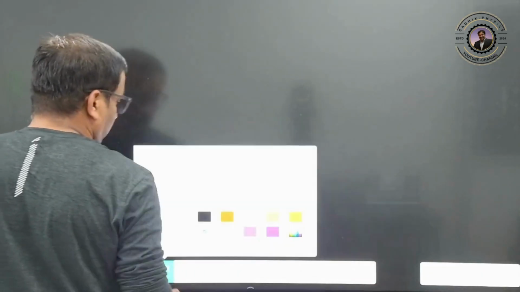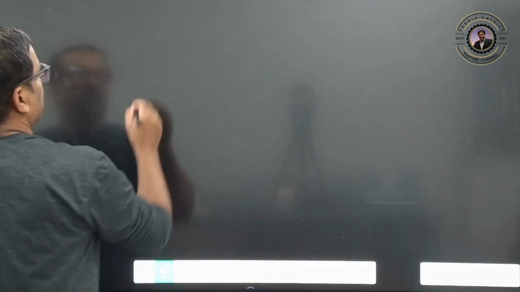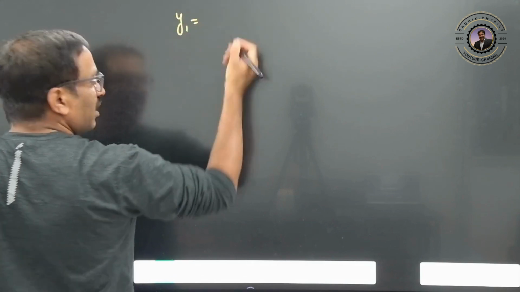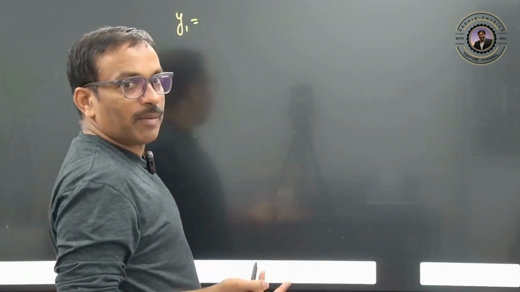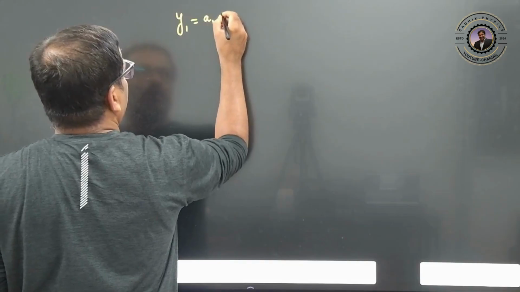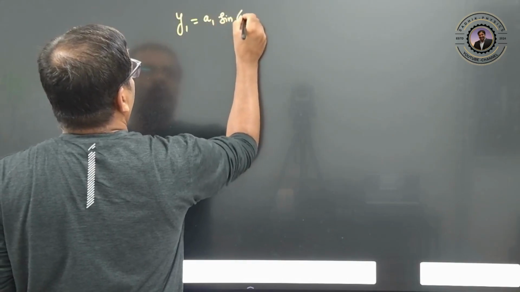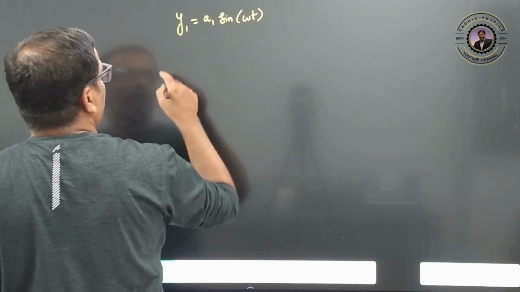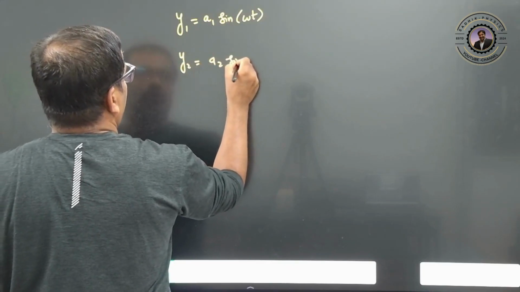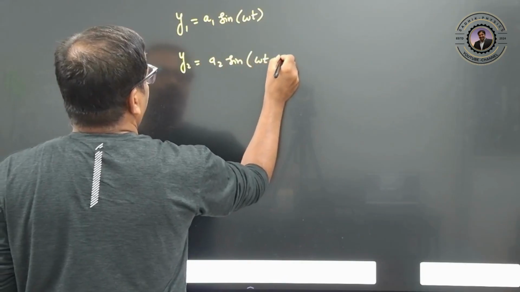Let us see the interference pattern. Suppose I take two waves having different amplitudes, no problem. One wave is y1 equals a1 sine of omega t, and y2 equals a2 sine of (omega t plus phi).